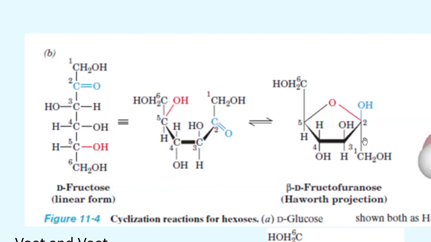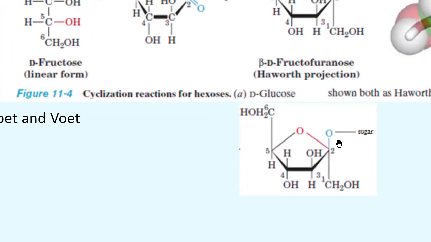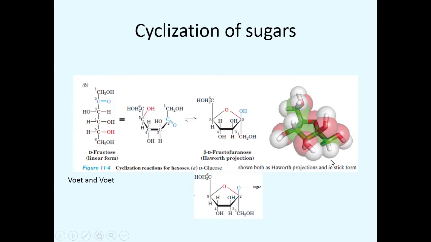This reaction leads to formation of the cyclic structure of fructose. The keto carbon is now a hemiketal. When fructose forms a glycosidic bond by means of the free hydroxyl, the keto carbon now becomes a ketal. Note that although both are hexoses, cyclization of glucose forms a 6-cornered ring and that of fructose produces a 5-cornered ring. You are required to remember the cyclic structures of both glucose and fructose.